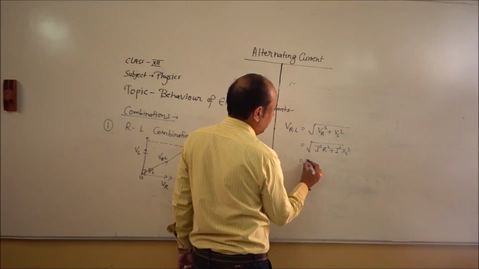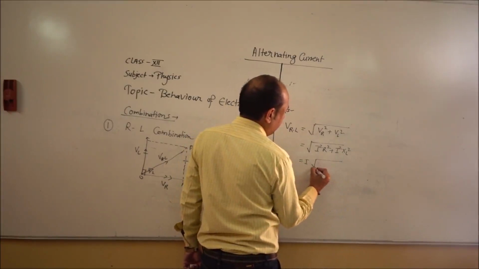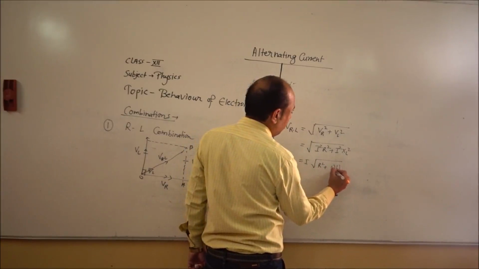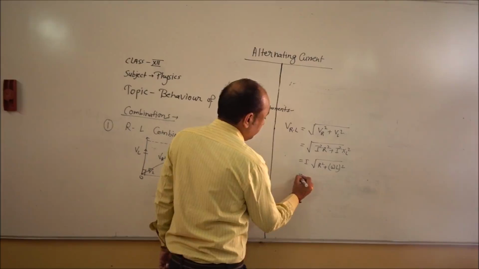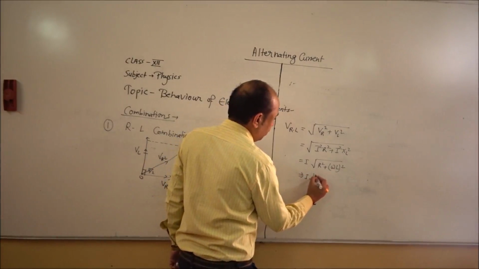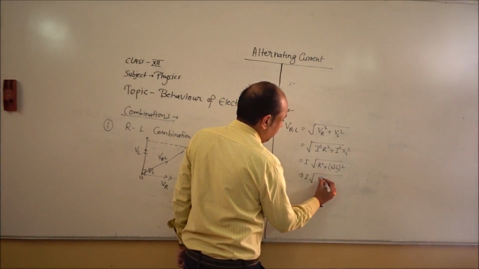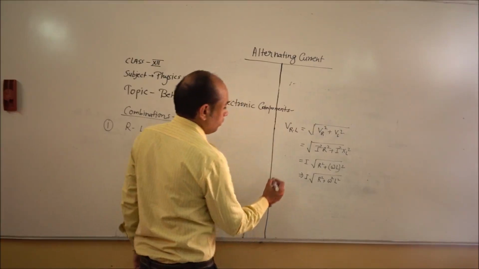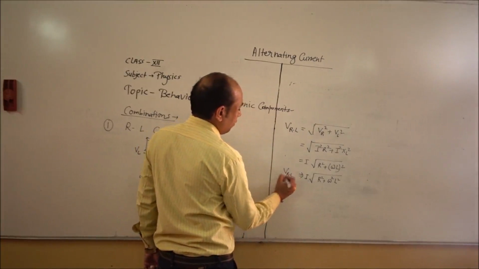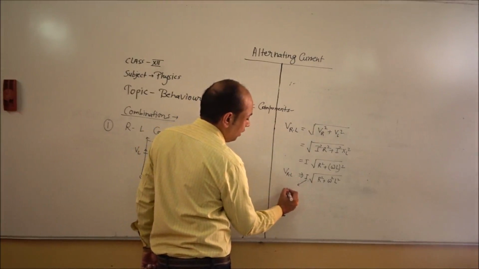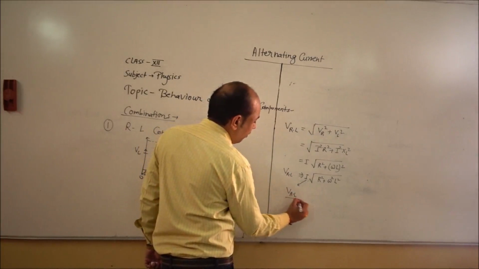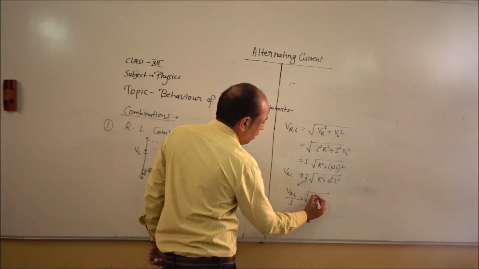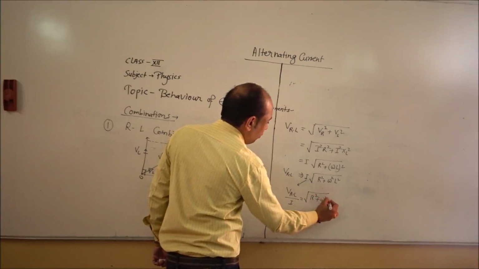Now we take common I inside: R square plus XL, that is omega L, whole square. So I remains the same, under root of R square plus omega square L square. This equals VRL. And now we divide by I. So VRL divided by I equals root of R square plus omega square L square.